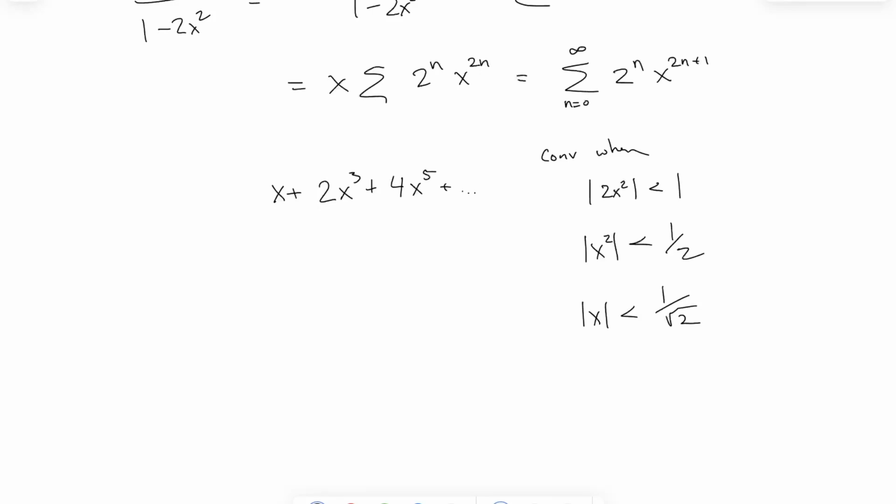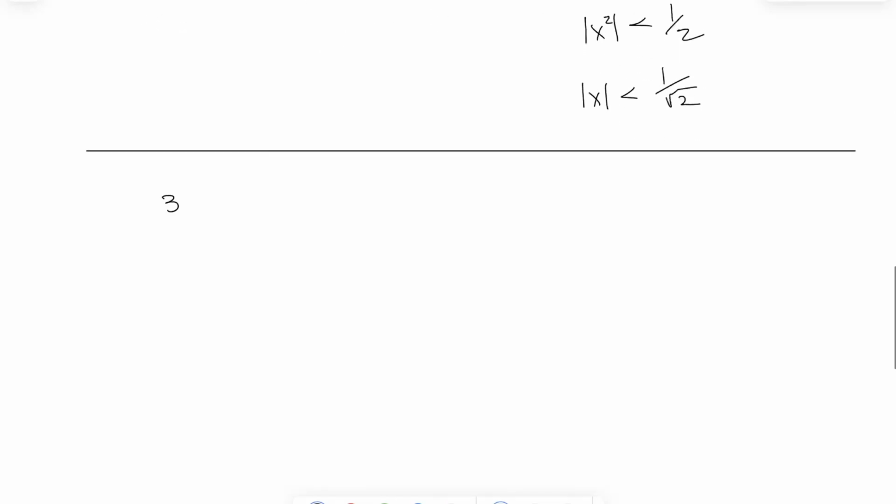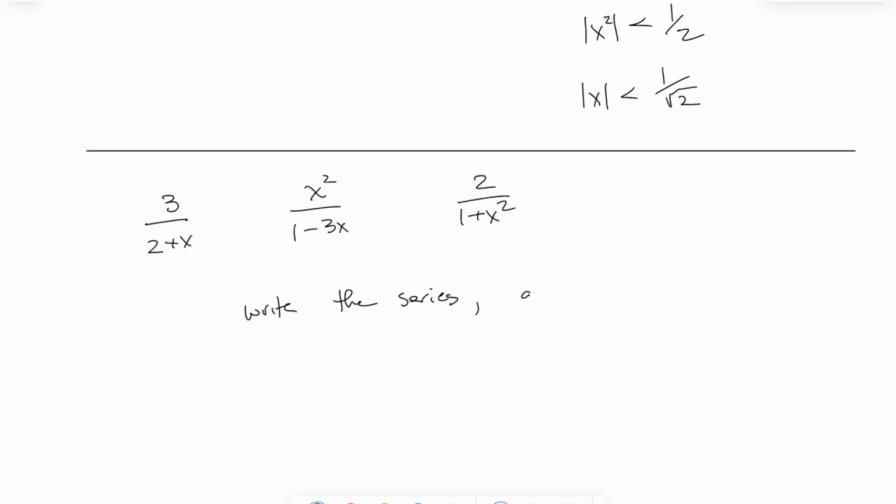All right, I got some like this for you to try. So these, once you know what's up, there's not a lot to it. You just have to identify the appropriate simple trick to use. Each time your job is to write the series and say when it converges.